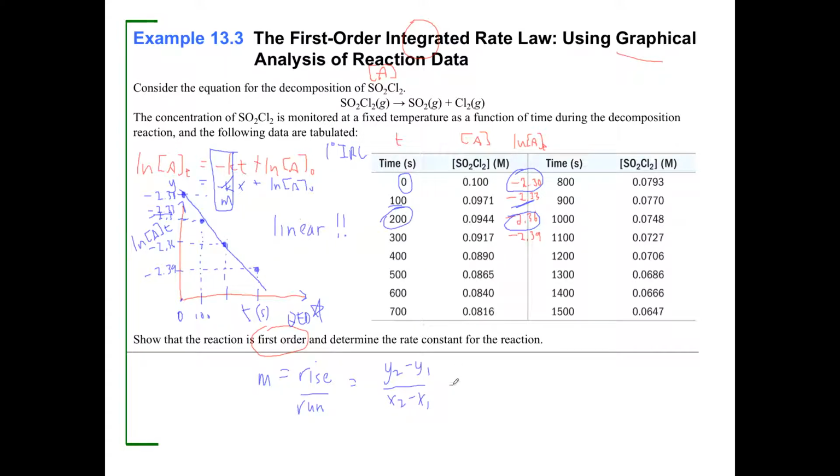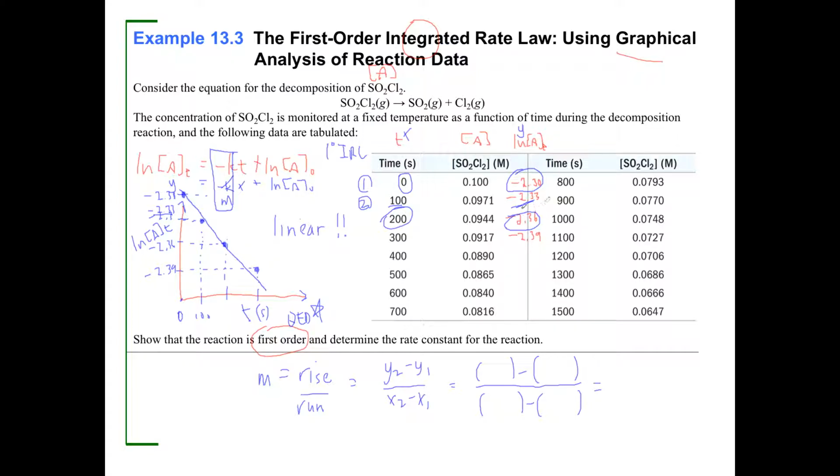I can't do this in my head, so I've got to do this, okay? Y2, it doesn't matter which one I choose, of course, right? So let's let this be my first point, and this will be my second point, okay?